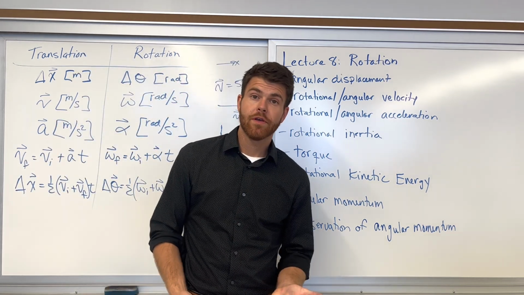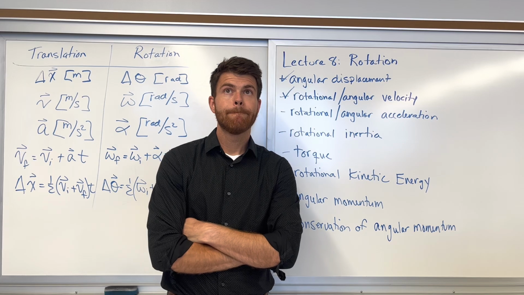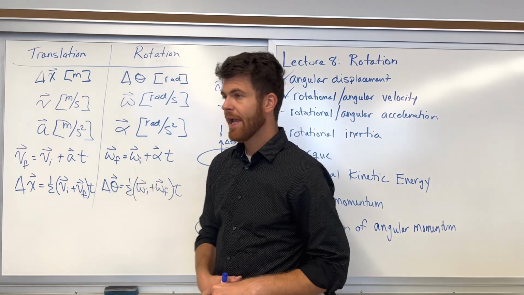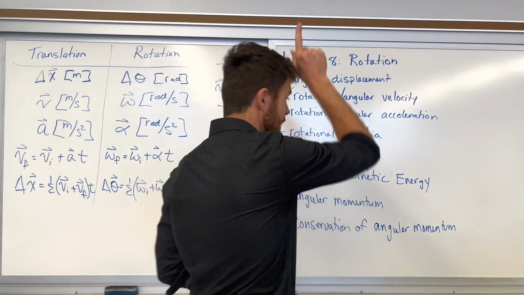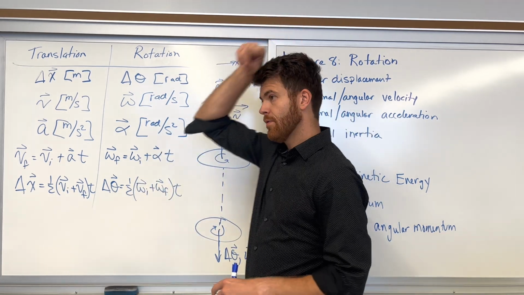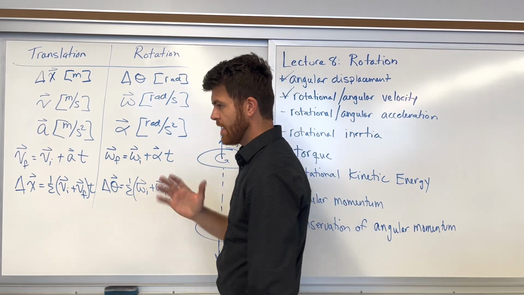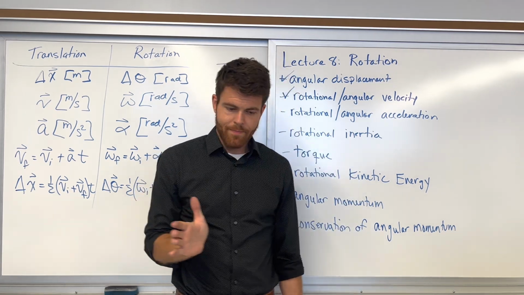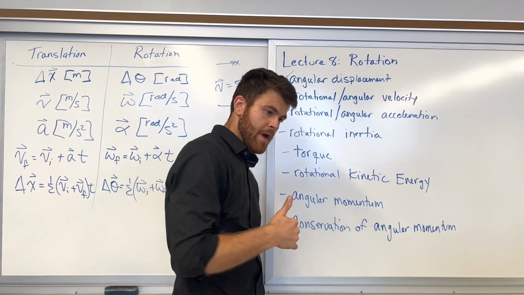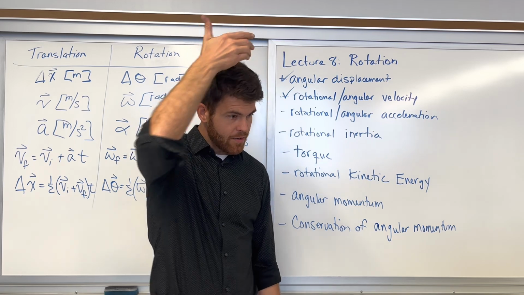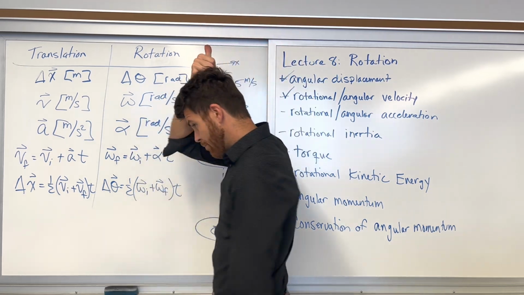So here I'll ask you a question. If I rotate this way, what direction is my angular velocity? Is it pointing up out of my head, or is it pointing down through my feet? Well, okay, take your right hand, and I'm rotating this way, so wrap your fingers around my rotational axis in the direction I'm rotating, and your thumb points up.